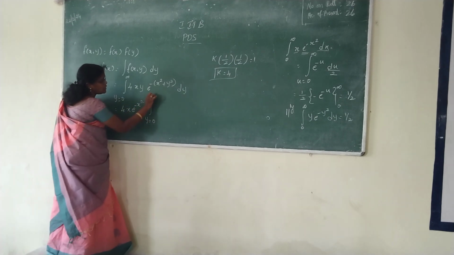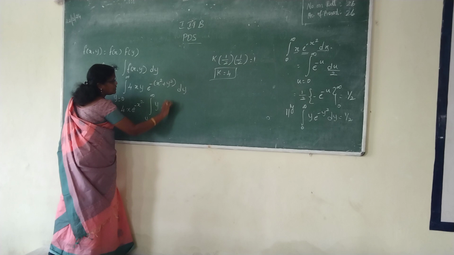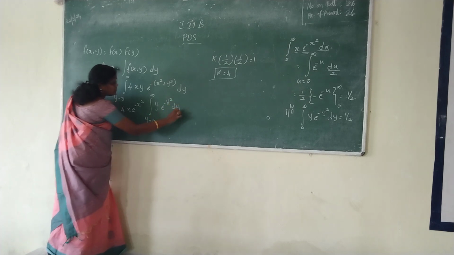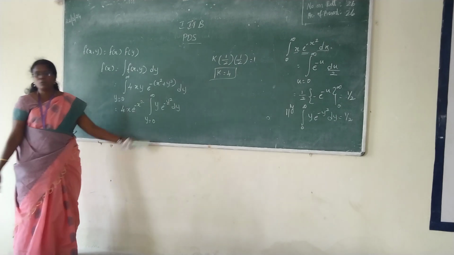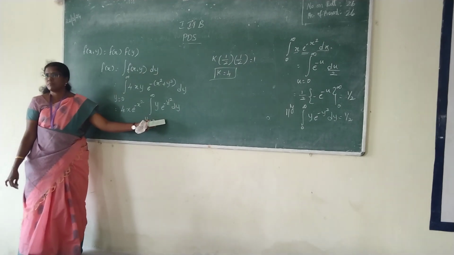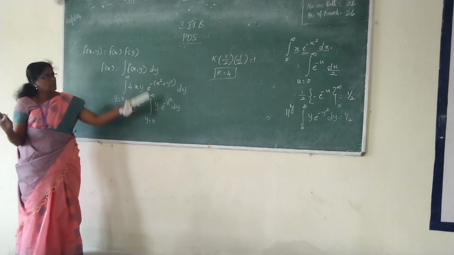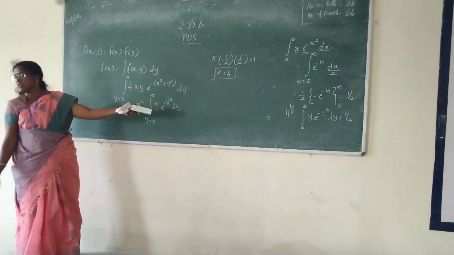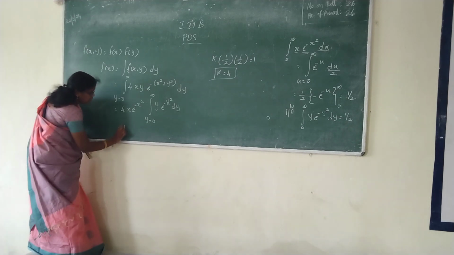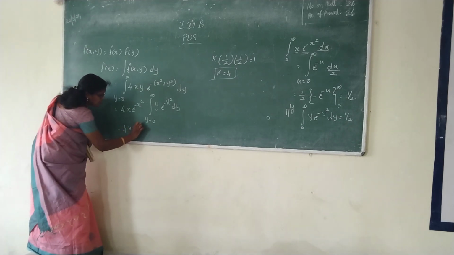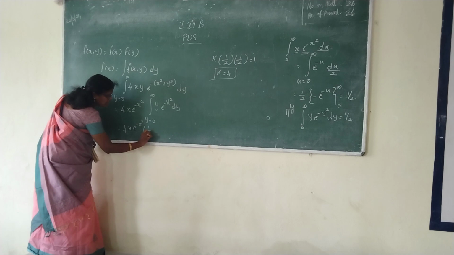Integral of y e power minus y square dy, y from 0 to infinity. Did we do this integration already or not? It is 1 by 2. Substitute the answer directly. You don't need to do the integration again because you have already shown how to get it. So this is equal to 4x e power minus x square into 1 by 2.